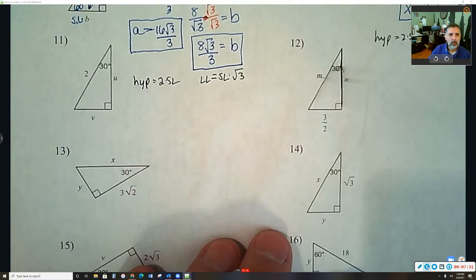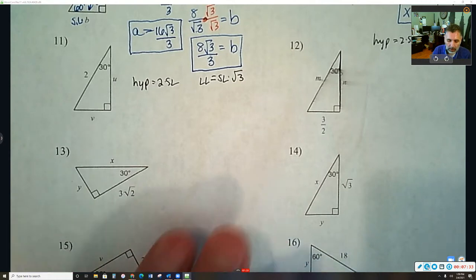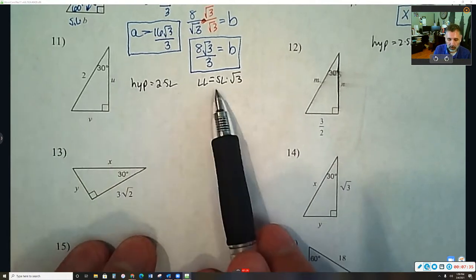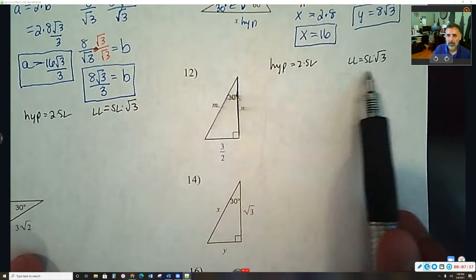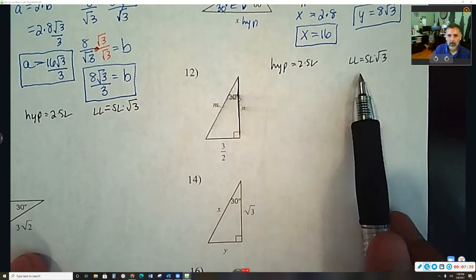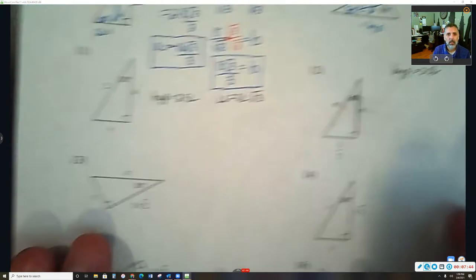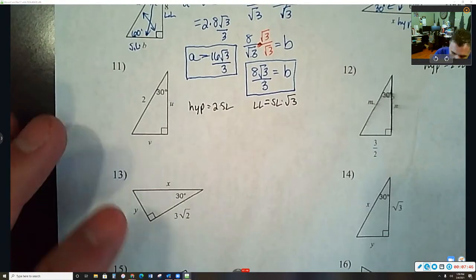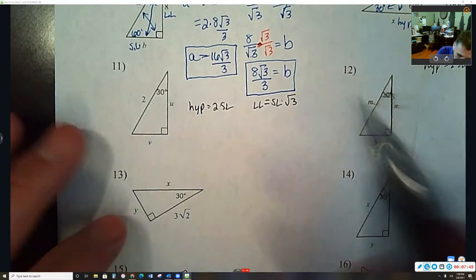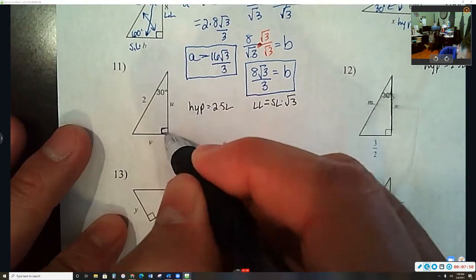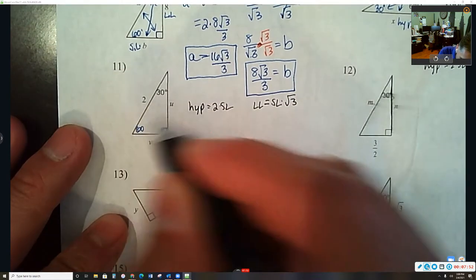So when we move on to number 11 and 12, again, write the equations. It doesn't hurt anybody, it only helps. Write the equations. That's a short leg. Okay, so let's look at number 11. So this is 90, there's 30, this one must be 60.